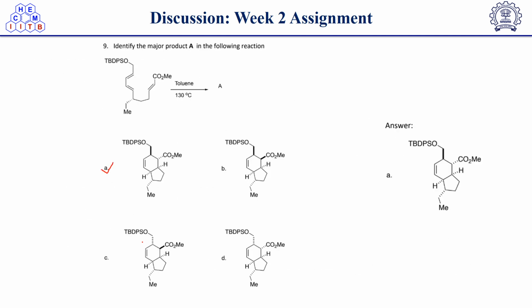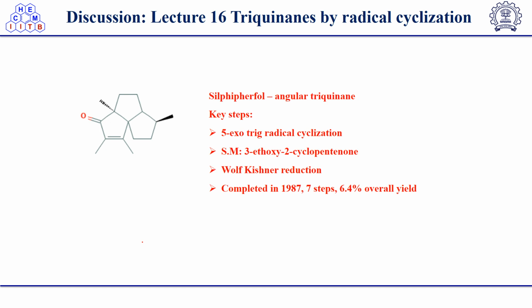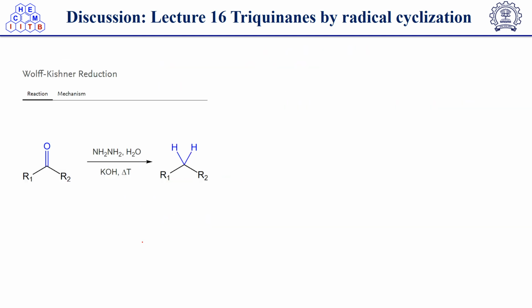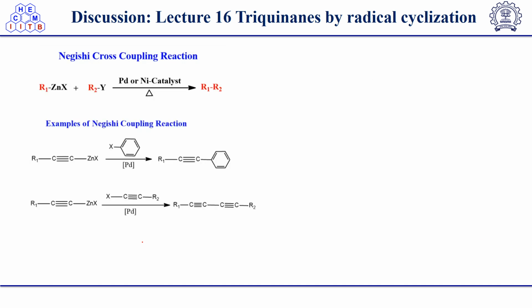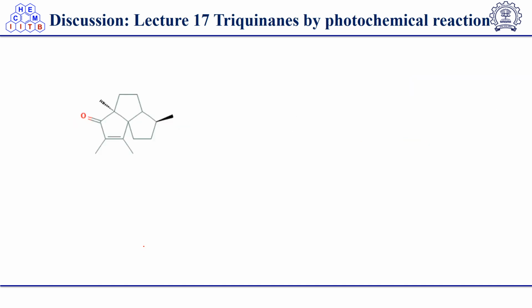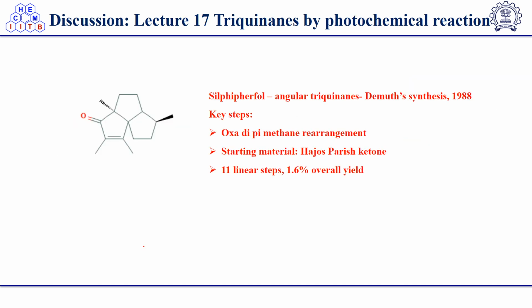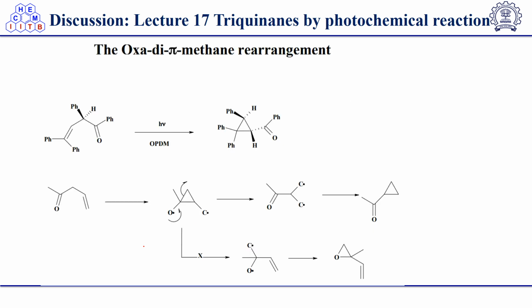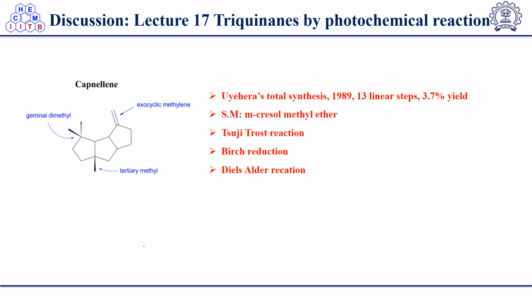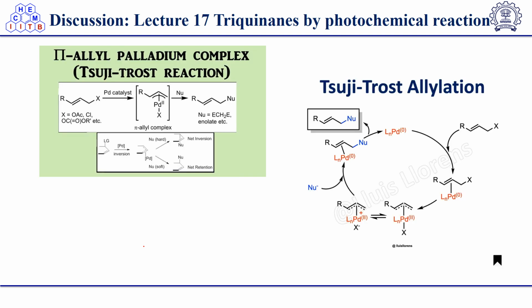So after these 10 questions, we gave a brief summary about the 5 lectures of last week, which was mainly triquinanes by radical cyclization, and then Wolff-Kishner reduction, Ireland-Claisen rearrangement, Negishi cross-coupling reaction, then triquinanes by photochemical reaction. We saw the preparation of Hajos-Parrish ketone, oxa-di-pi-methane rearrangement, then Tsuji-Trost reaction.